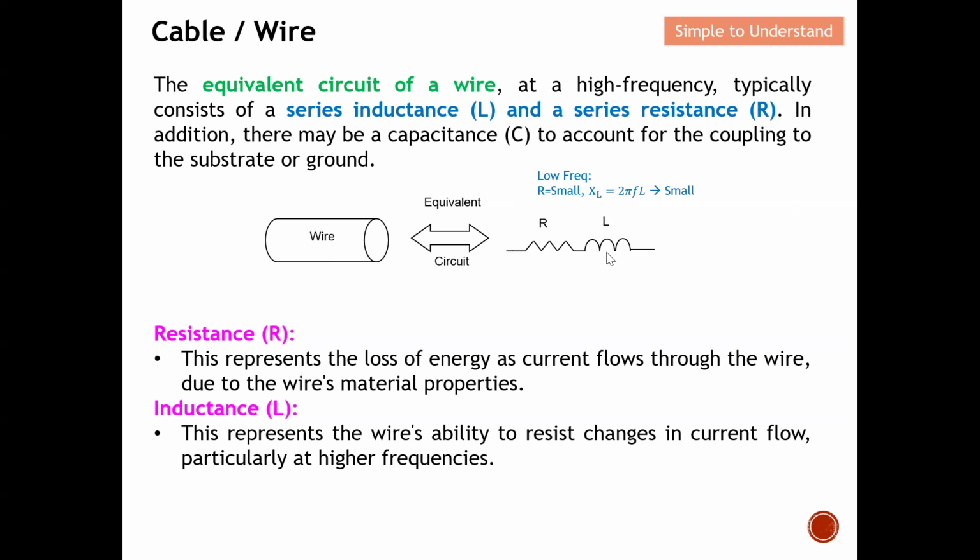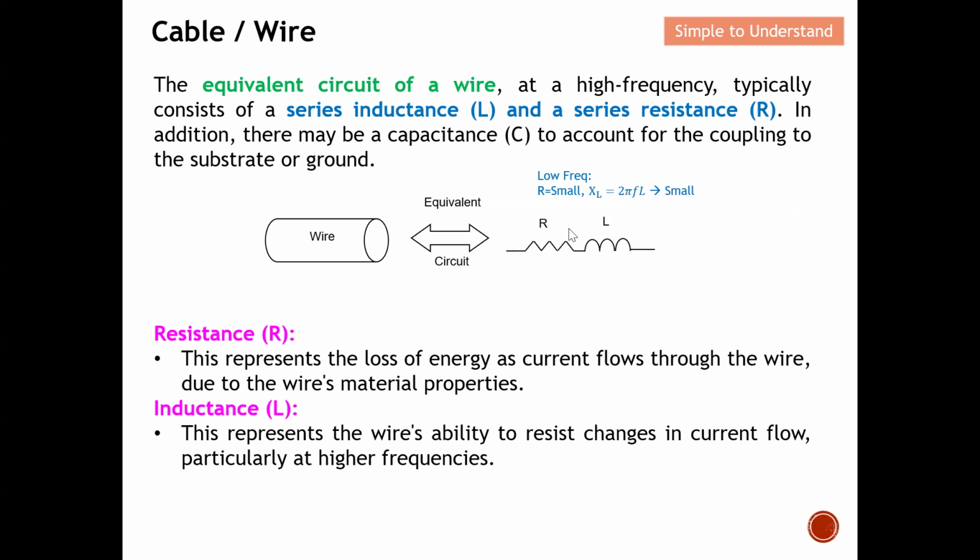The reactance of the inductor will be 2πfL. For this case, because the frequency is small, the overall reactance of this inductor will be very, very small. Therefore, for low frequency, I can omit the inductor. As I mentioned earlier, for low frequency, the equivalent circuit of a wire is just the resistor. So basically, this is the reason.